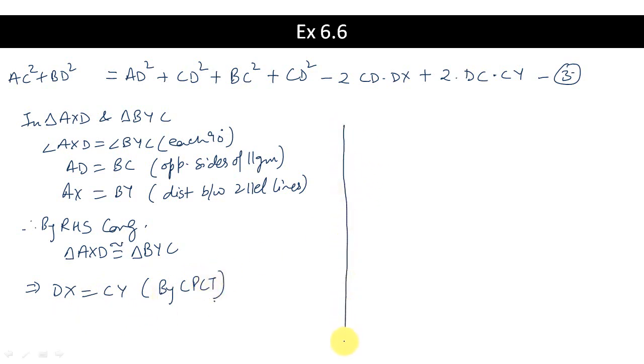So if DX and CY are equal, then minus 2 times CD into DX and plus 2 times DC into CY will be equal, because in place of CY we'll write DX.